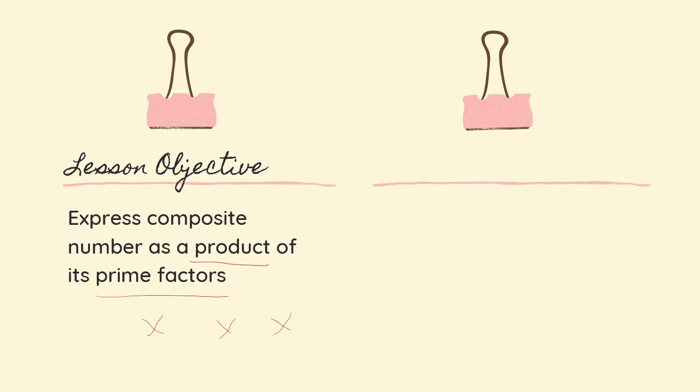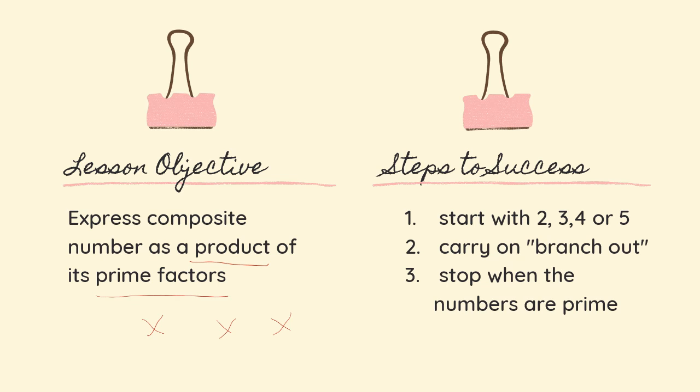And then our S2S for today is first we're going to start with 2 or 3 or 4 or 5, and then we're going to carry on branch out. We want it to look like a Christmas tree, something like that. And then we are going to stop when the numbers are prime. Now remember, circle when the numbers are prime.